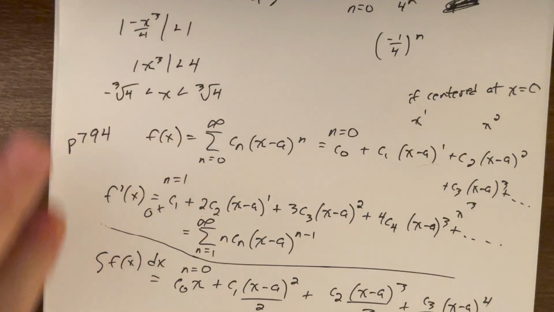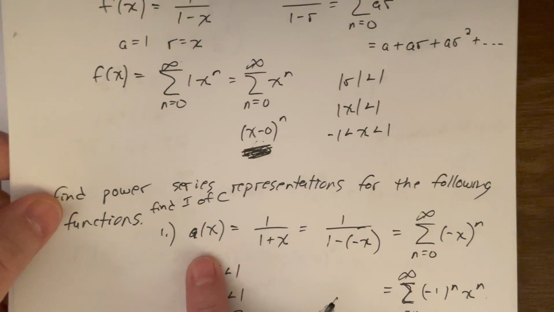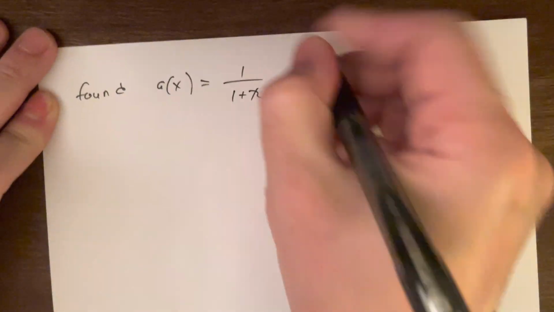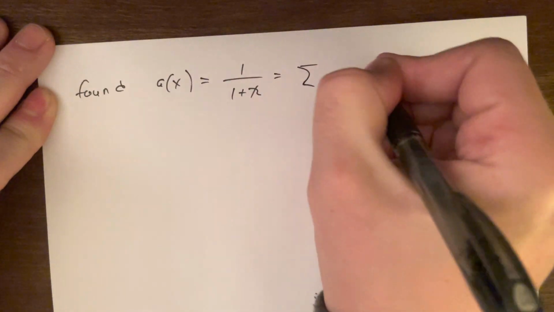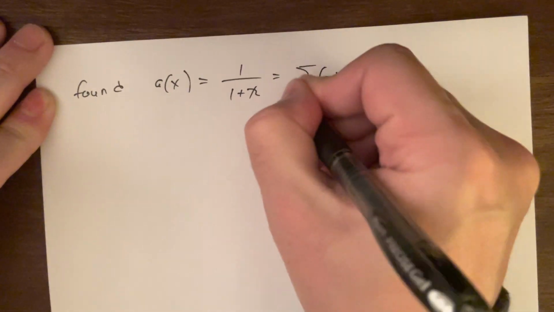Let's go back to function a of x for a quick moment. We had a of x. That was our first problem. So let's just quickly go back through that. So we already found a of x equal to 1 over 1 plus x is equivalent to the power series sum of minus 1 to the n, x to the n.